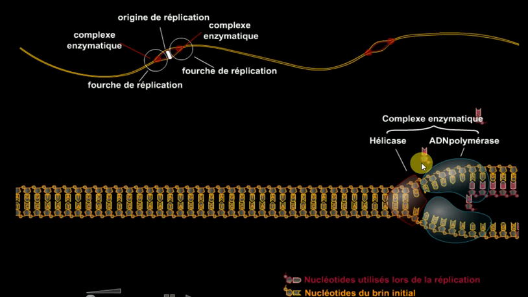So they are separated nucleotides that are in the nucleus of the cell, and the enzyme DNA polymerase will associate the free nucleotides together using the complementary rules. So in front of a T, the enzyme will put an A. In front of a G, the enzyme DNA polymerase will put a C, etc. So it creates two new strands of DNA using the complementary rules, A with T and C with G.